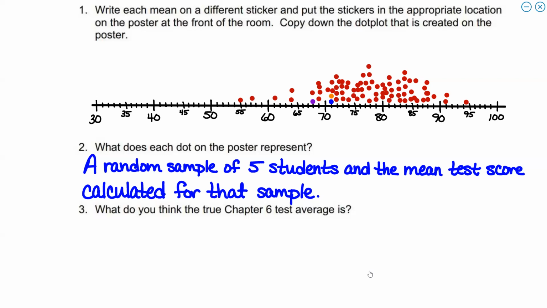Yeah. How do we decide that again? How do we decide if it's unbiased? It was in yesterday's notes. Yes. So this would be unbiased.